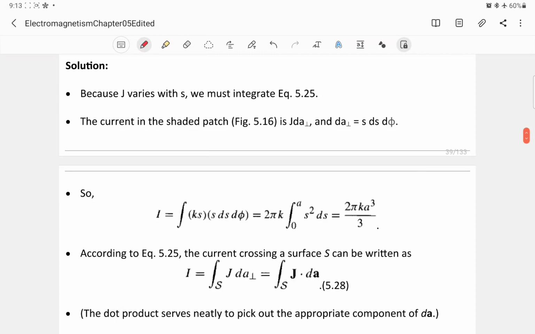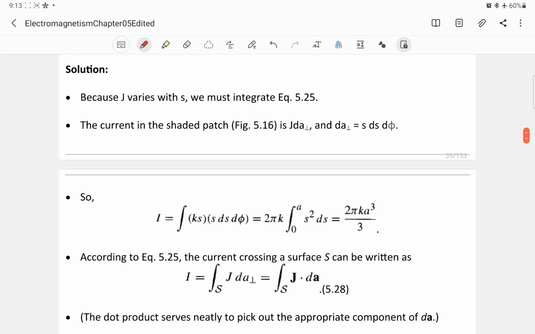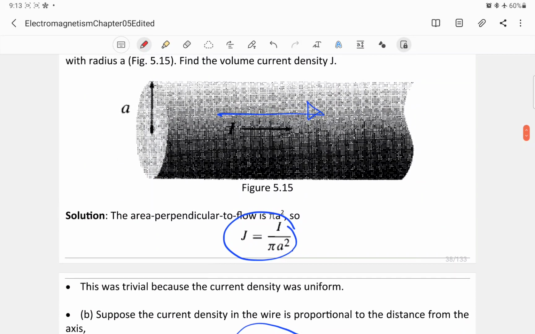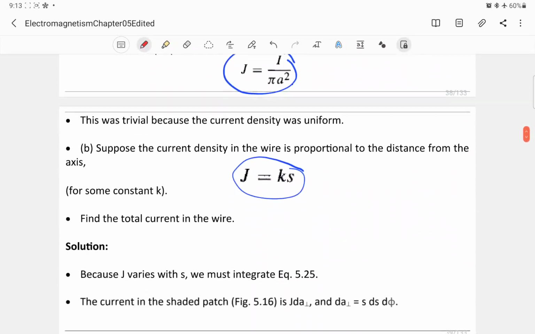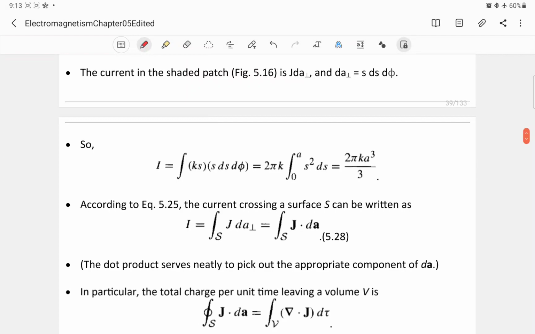Now the current in the shaded patch here is of course equal to J times dA perpendicular, but the dA in this case is also s ds d phi.